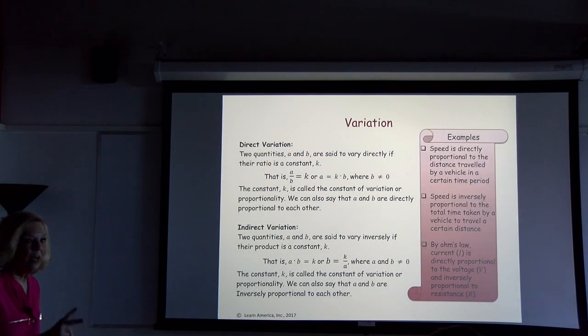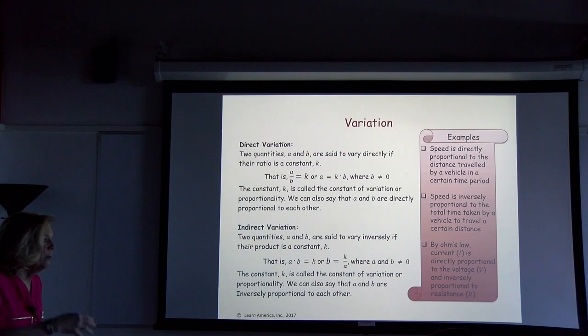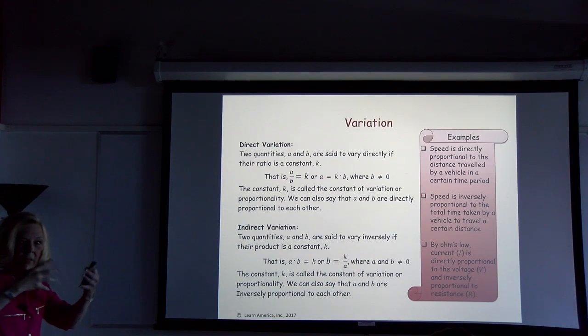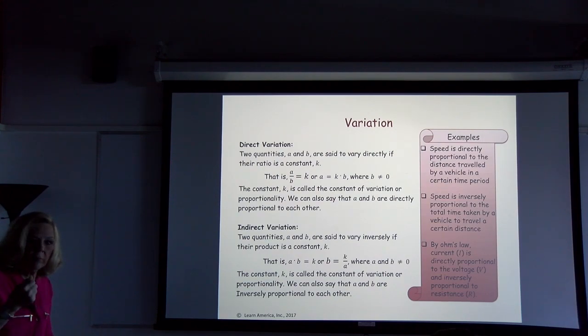Variation. There are two kinds of variation. Direct variation is like if the temperature in the room is increasing, what happens to the volume of your balloon if you bring a balloon into the room? How many of you ever bought a balloon in a store and taken it outside? What happens to it if the weather's really cold?